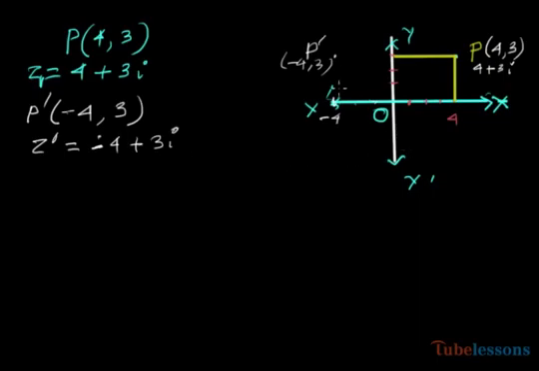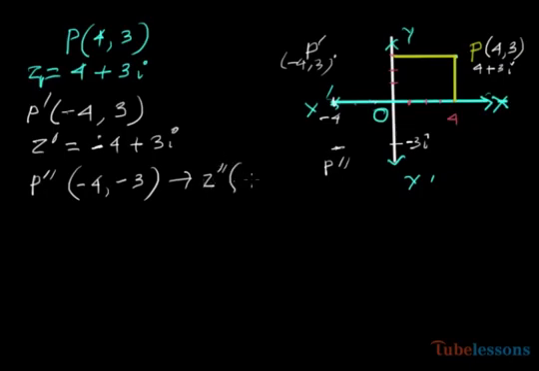Similarly, minus 4 minus 3i, and this point is 4 minus 3i.